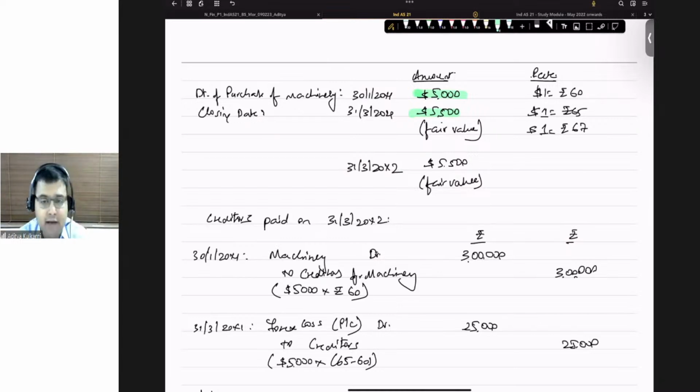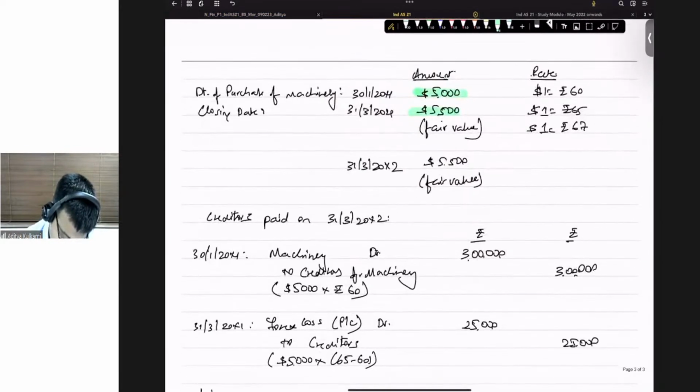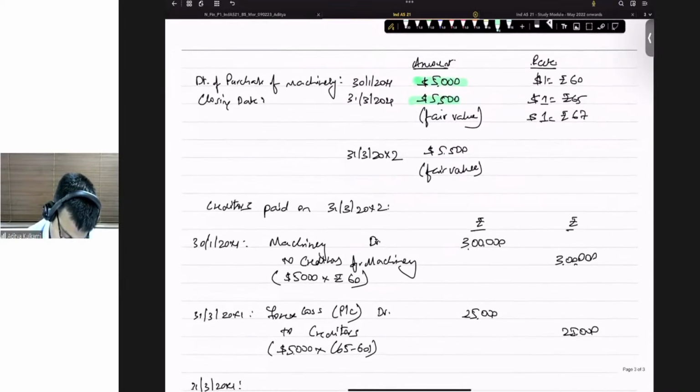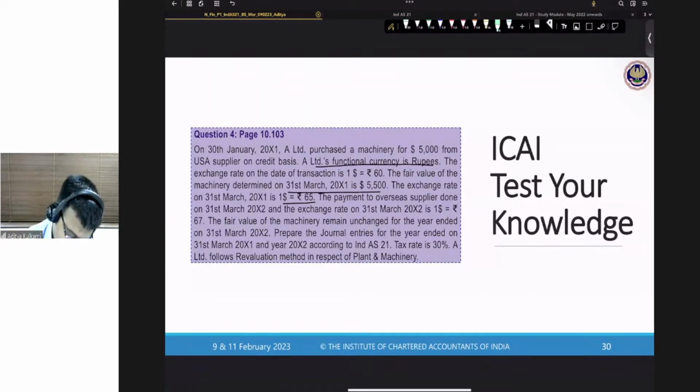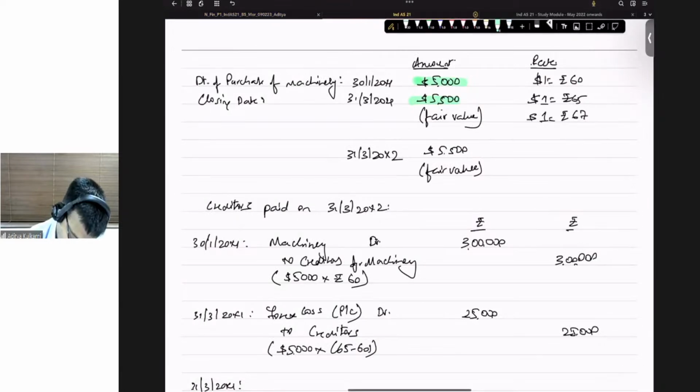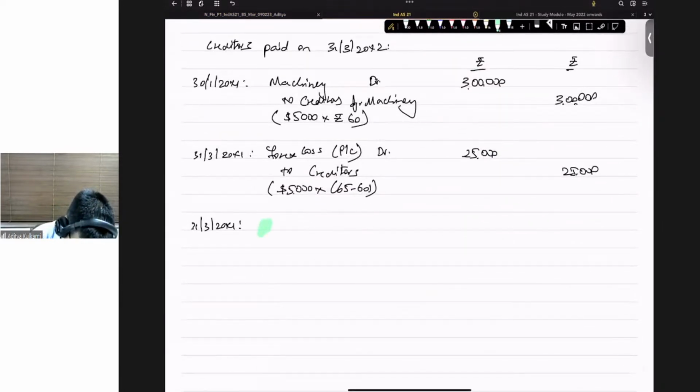So you are having a fair valuation of 5,500. So machinery account debit.